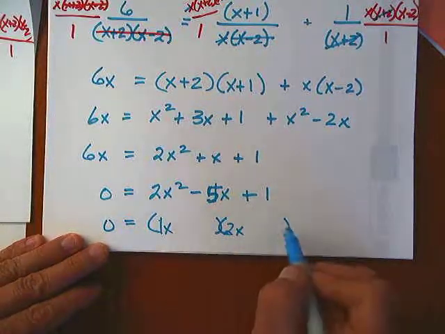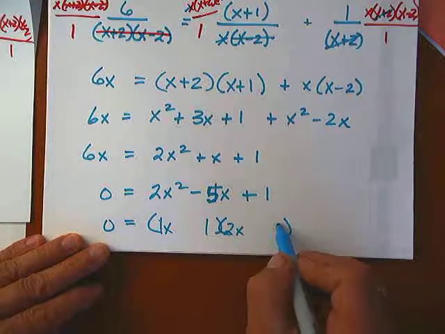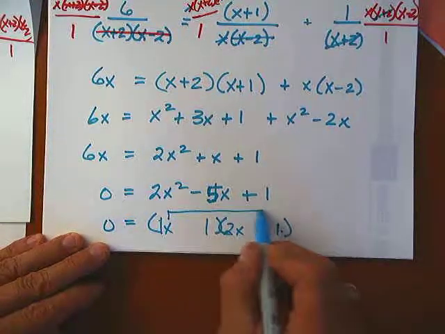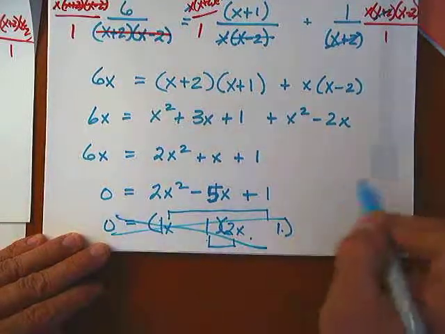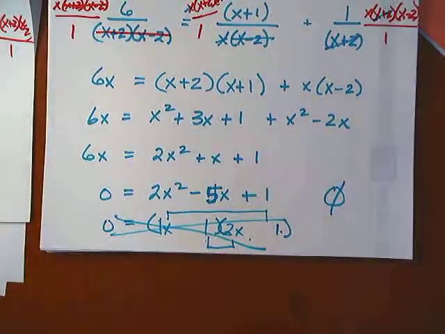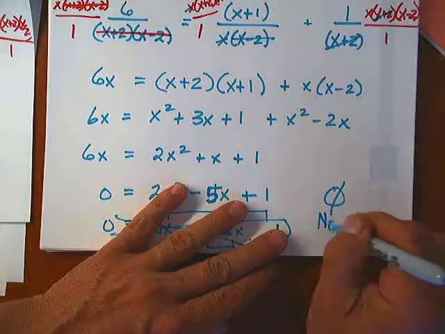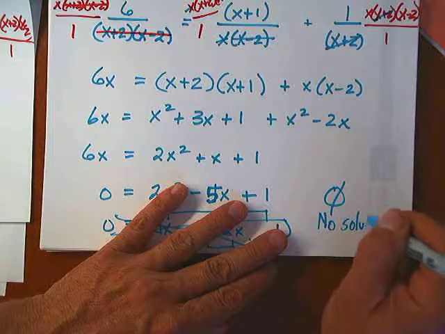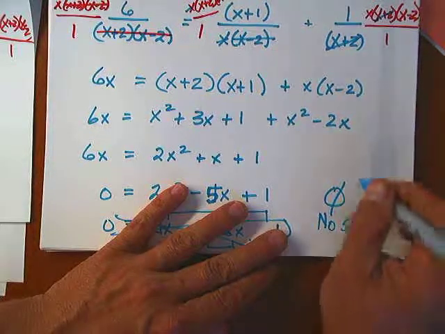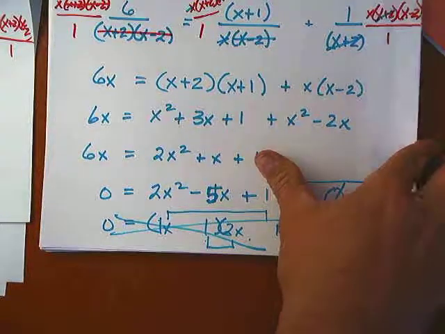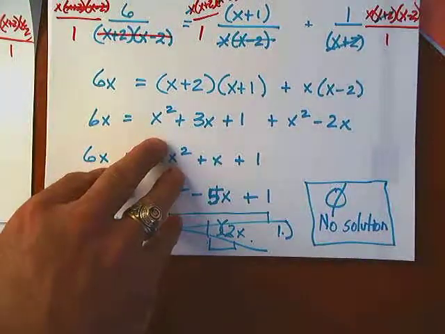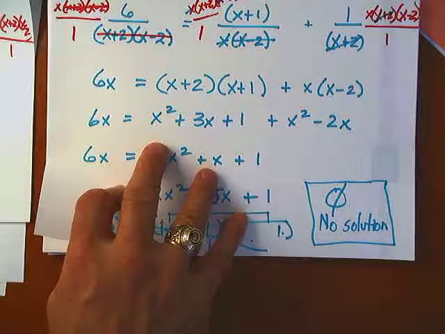And see if this is factorable. If not, then you don't have a solution. So let's just see if it's factorable. That will be 1x and 2x and 1 and 1, and it is not factorable because you'll never get 5 with 2 and 3, so it's not factorable. So the answer would be no solution.